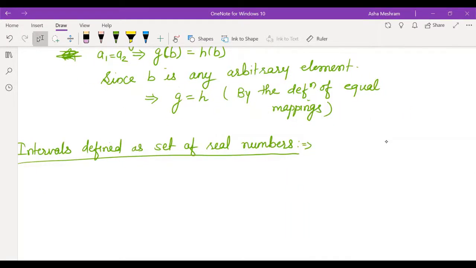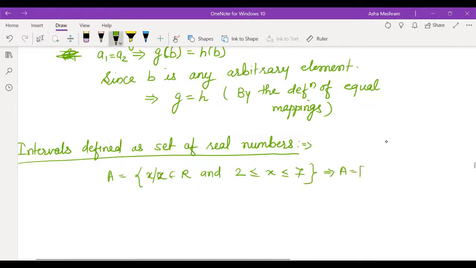So now some sets are given. That set contains all the real numbers x where x belongs to R, and x lies between 2 and 7, meaning x is greater than or equal to 2 and less than or equal to 7. So this set we can write in the form of an interval as 2 to 7, as 2 and 7 both are included.